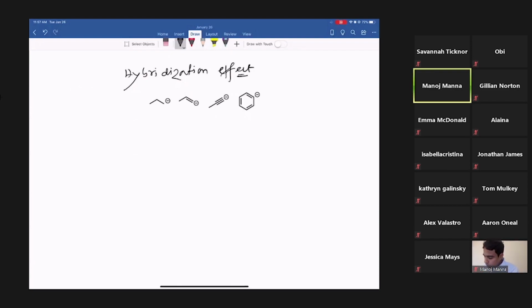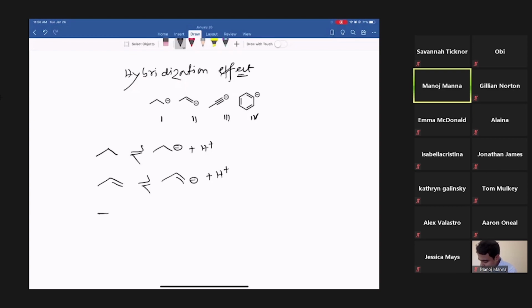So these are basically structures 1, 2, 3, 4. Let's say we have this one, negative plus H plus. Now this one, negative plus H plus.